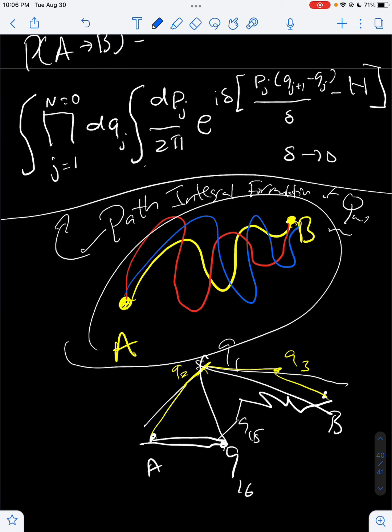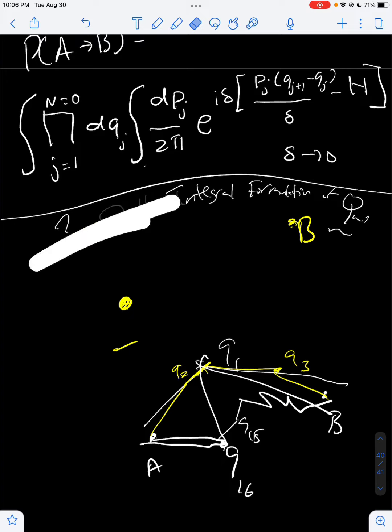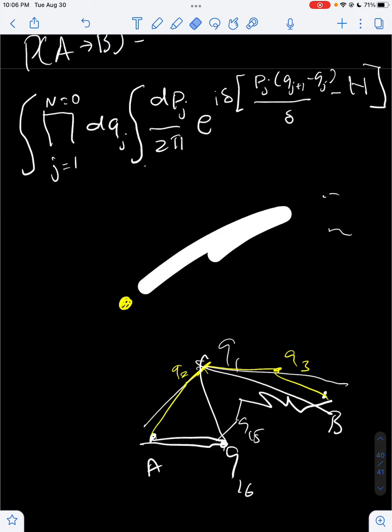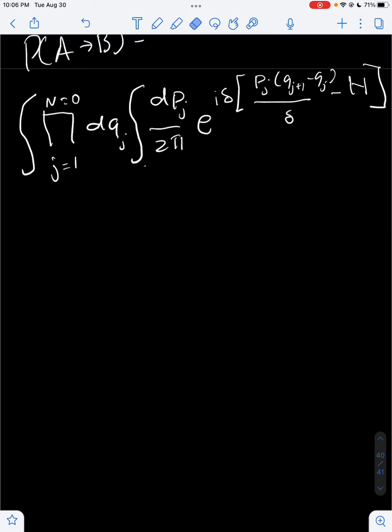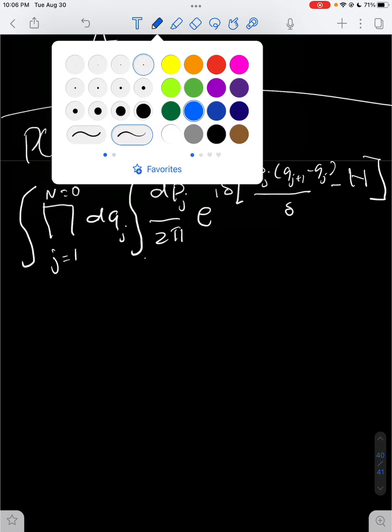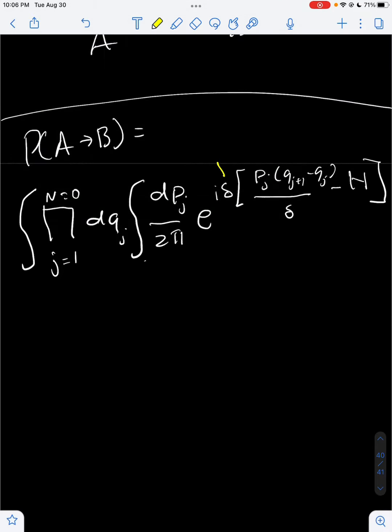Also, I think there should maybe be a j equals 0 to n minus 1 summation over here. I'm not completely sure though.